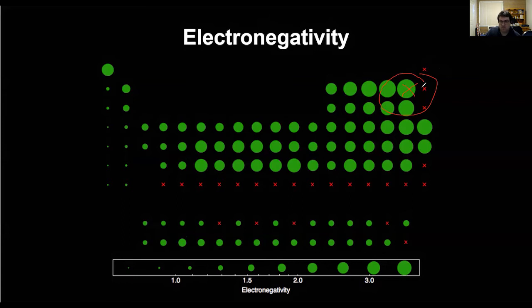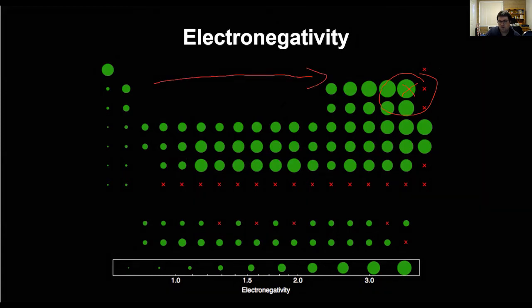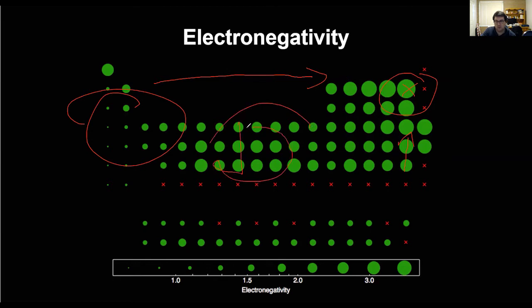As we move across from left to right, our electronegativity increases, and as we move up towards fluorine, our electronegativity increases. Elements in the highly electronegative region want to take electrons, and elements over here want to give away their electrons. That's still true of the transition metals. They just have a couple more options.